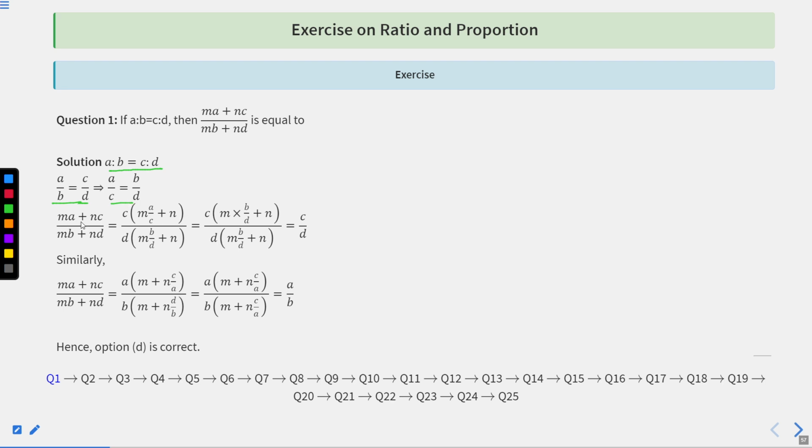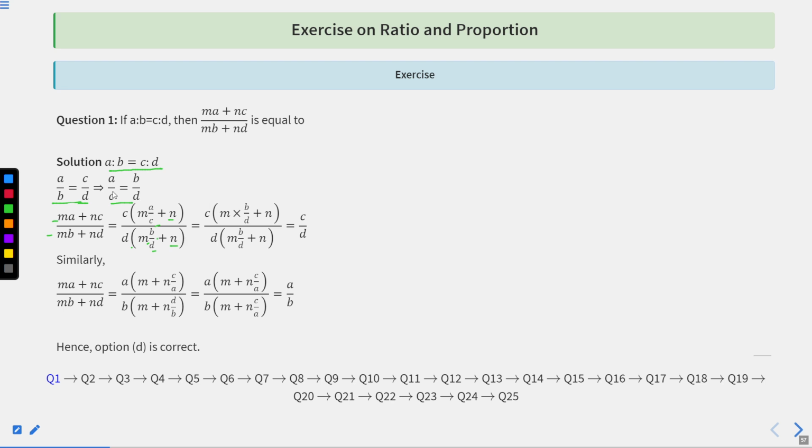Now, I have to find the value of (MA plus NC) upon (MB plus ND). I can take out C common from here and D common from here. Then I will have C times of (M into A upon C plus N) and D times of (M into B upon D plus N).